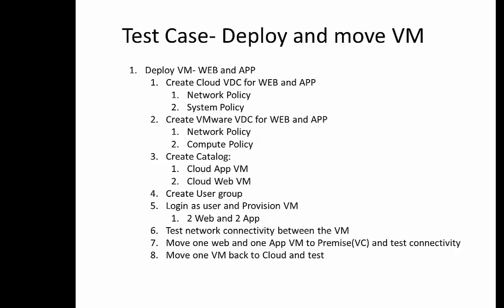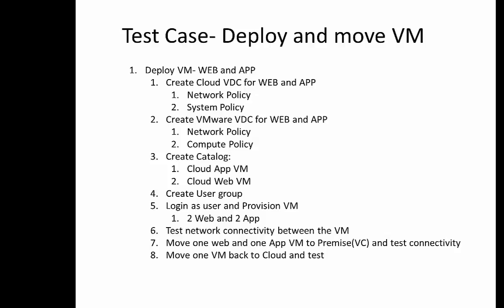So I've done that part, but I'll show you how to do that. I've done one image to Amazon and one to Azure, a Windows 2008 template. And to make a catalog, you need to point to that image, and then once the user requests, it is going to deploy a VM based on that image.